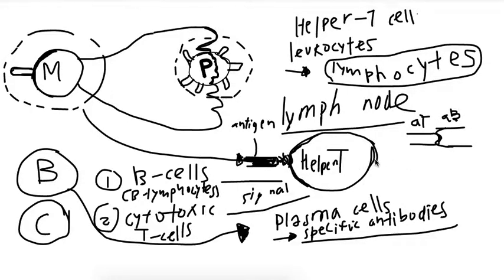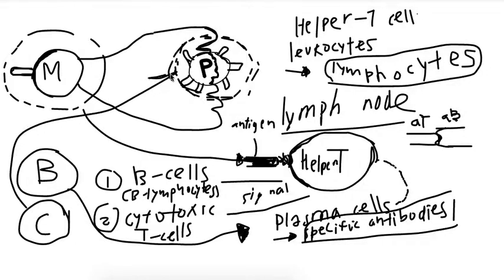So the helper T cell is going to send this kind of blueprint in order to ensure that these antibodies will correspond to the antigen that is causing disease and posing a threat to the immune system. The cytotoxic T cells, on the other hand, are going to target the infected cells and kill them. So they're basically killer cells.